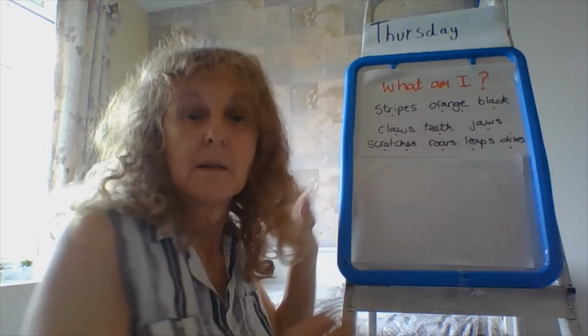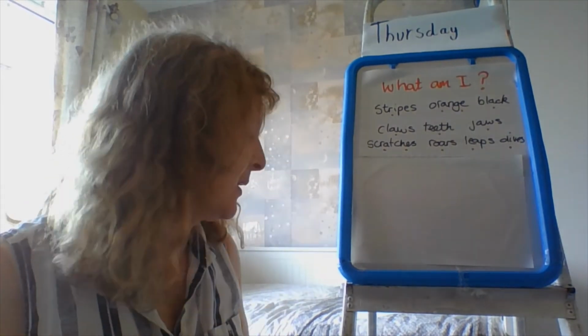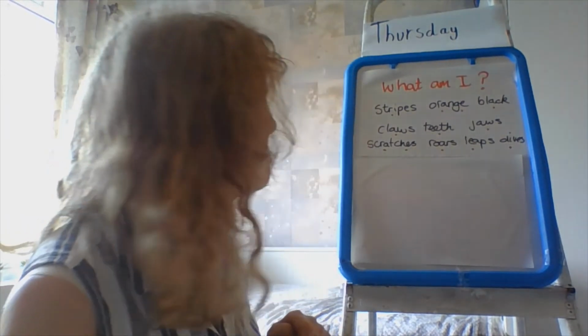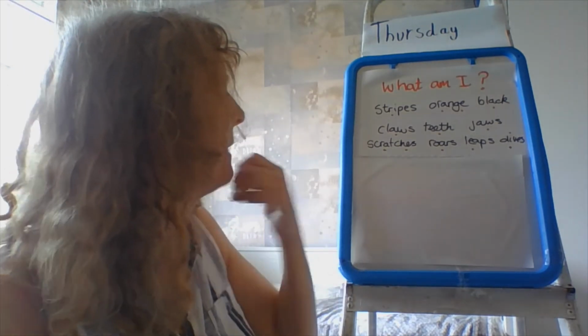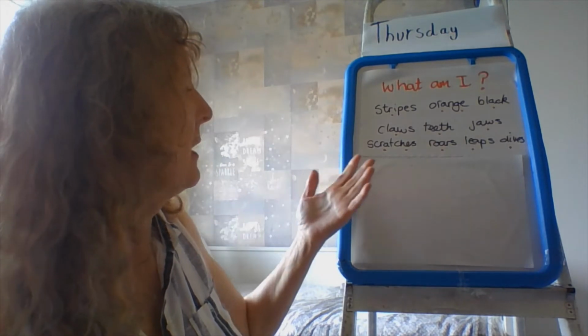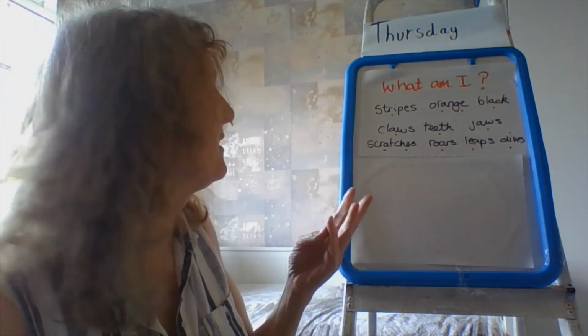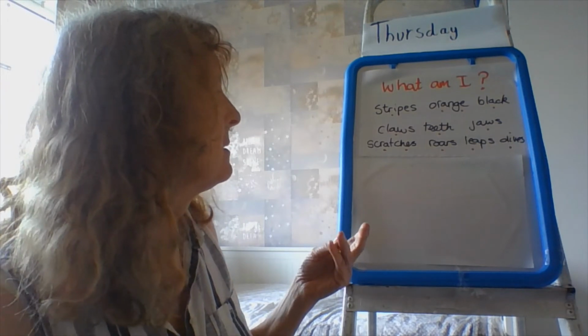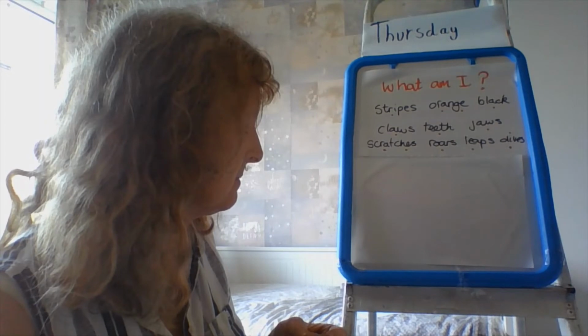So here goes. I'm going to start, I think, by what it looks like. I always think it's almost like introducing. So I'm just going to use those words. Stripes, orange, black. Now that only gives me 4 syllables, and I need 5. I know I could put "and" in, couldn't I?